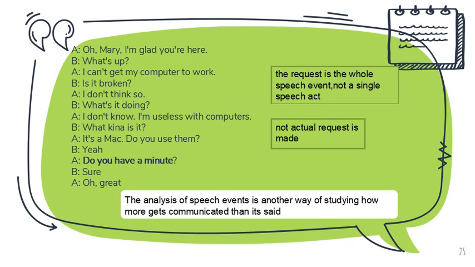But in this context, the response "sure" is taken to be an acknowledgement not only of having time available, but a willingness to perform the unstated action. So, the analysis of speech events is clearly another way of studying how more gets communicated than is said.